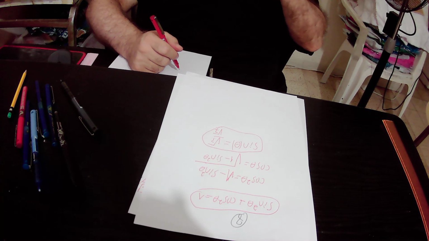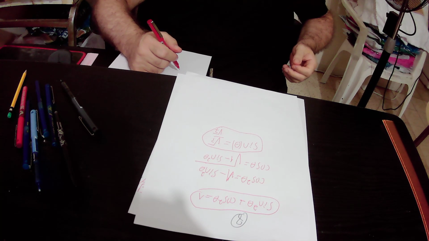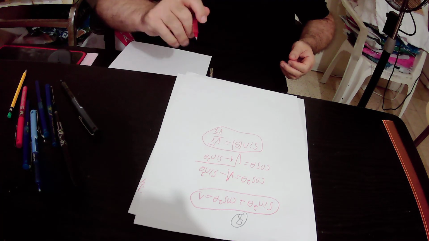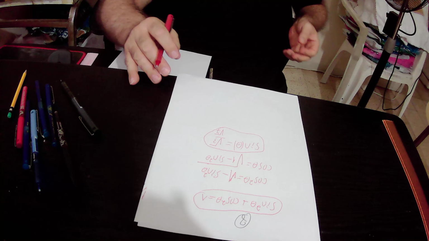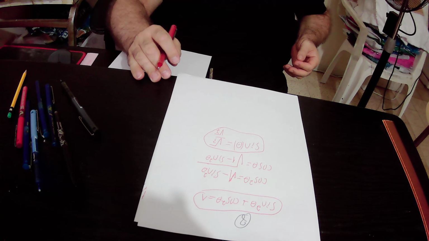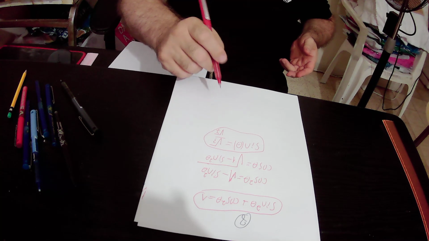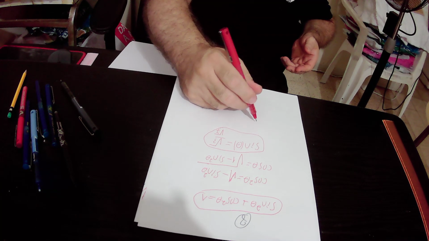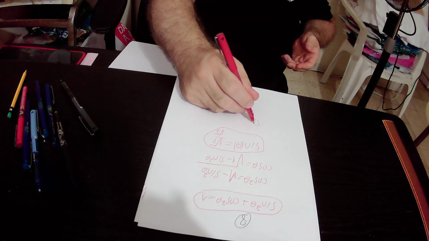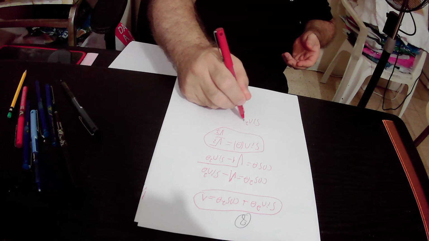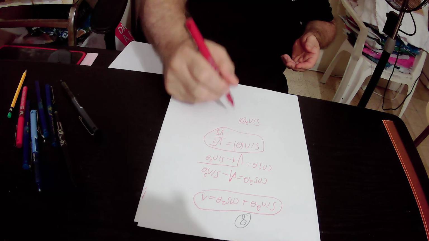So if the value of sinus theta is root 3 over root 7, then the value of sinus theta squared will be 3 over 7.